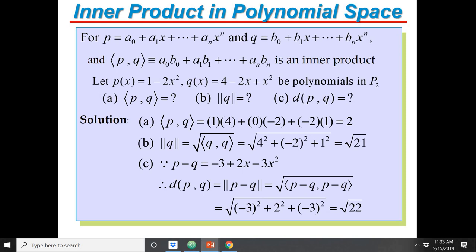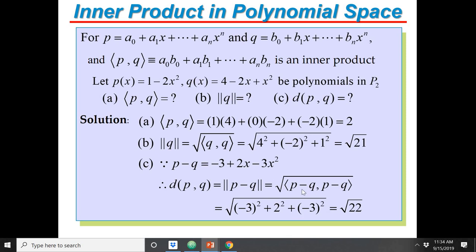If you think of the space of polynomials of nth order, you can define an inner product in that space by using the coefficients and following a similar definition to the inner product in Rn, by taking the summation of the products between the coefficients A0 B0, A1 B1, etc. And this is not a useless exercise, because if you have two polynomials, it would be of interest to be able to define, let's say, a distance between the polynomials.